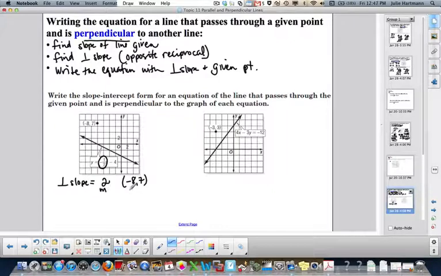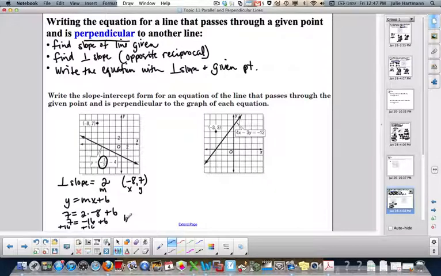So there's m, x, and y. I'll do this one the other way, just because I know some of you probably do it that way. If you take y equals mx plus b, 7 equals m, which is 2, times x, which is negative 8, plus b. 2 times negative 8 is negative 16, and add the 16.